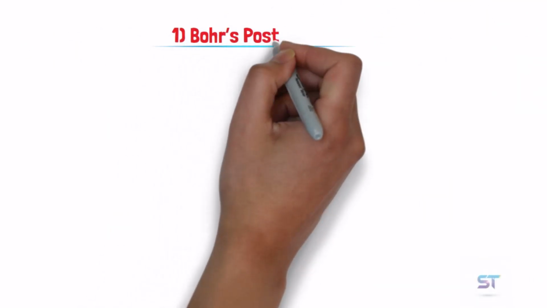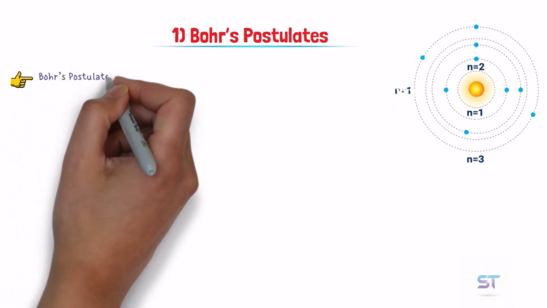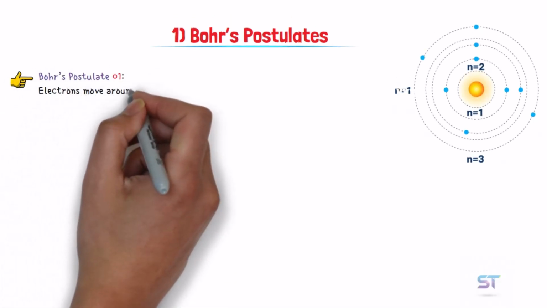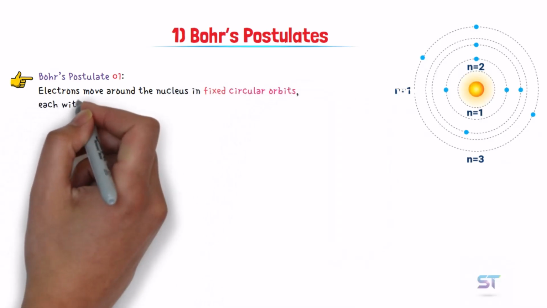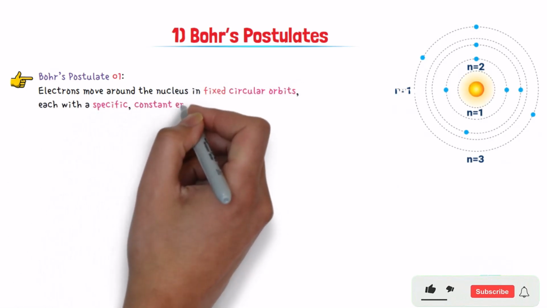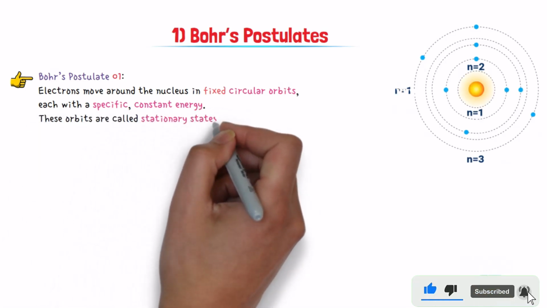There are three Bohr's postulates. The first postulate of Bohr is that the electron moves around the nucleus in fixed circular orbits, each with specific constant energy. These orbits are called stationary states.